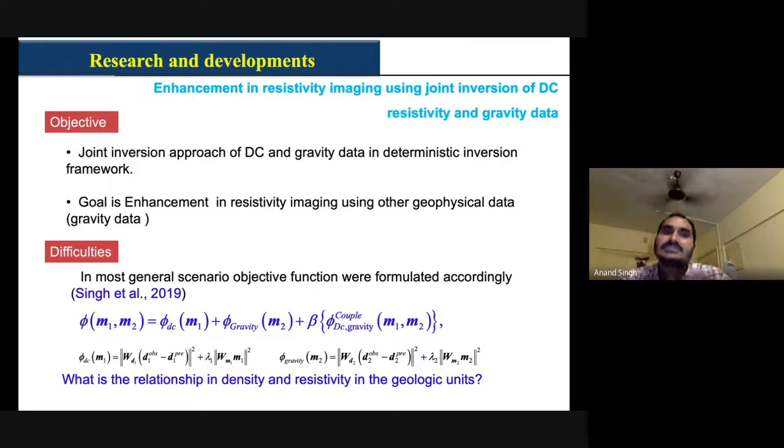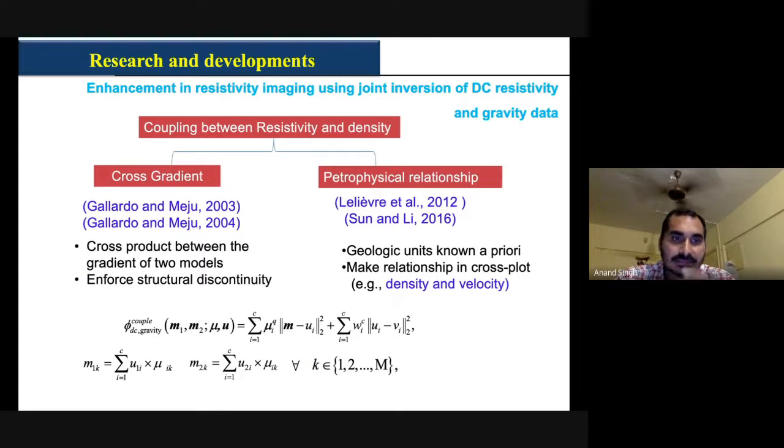But that relation is not clear to us. We do not have any idea what the relation is between density and resistivity of the subsurface. So in that context, we again utilized the supervised clustering based optimization framework to make a similar model. Our logic was to obtain a similar model and improve the image.